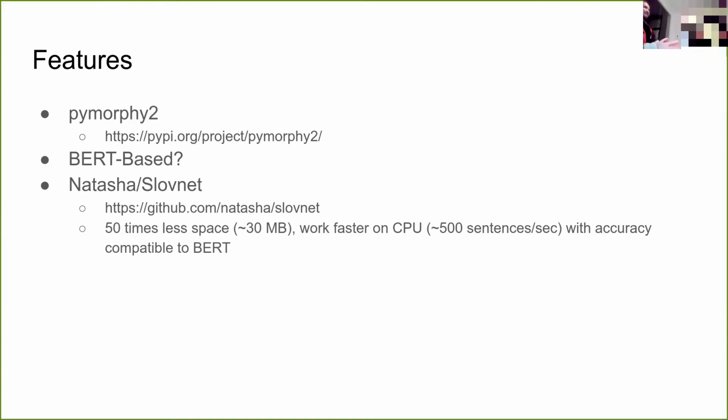So it doesn't understand the language, but it understands it enough to solve the grammatical questions. And it has 50 times fewer parameters. Consequently, it works much faster, but the accuracy is the same. So we are just lucky we have it.